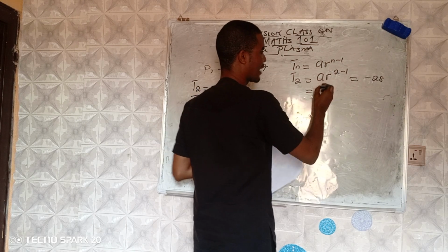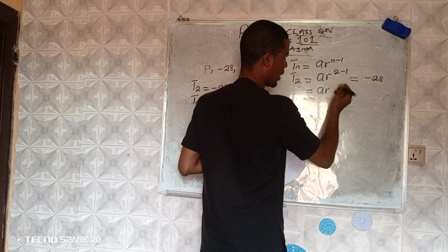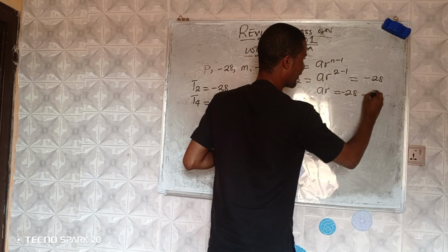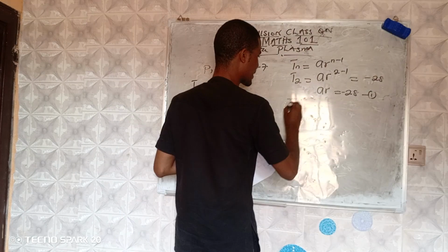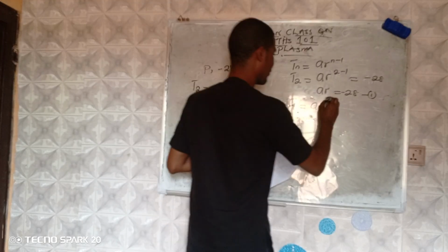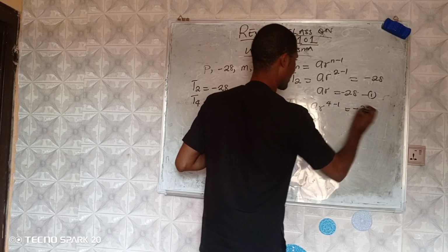So here I'm going to have ar^(2-1), which is ar, equals minus 28. That gives me my first equation. Also, T4 is equal to ar^(4-1), which equals minus 7.